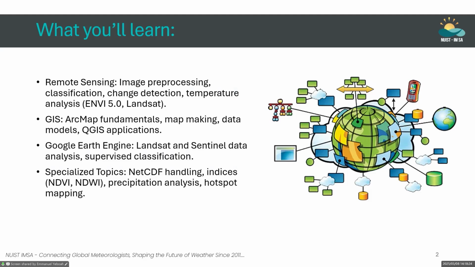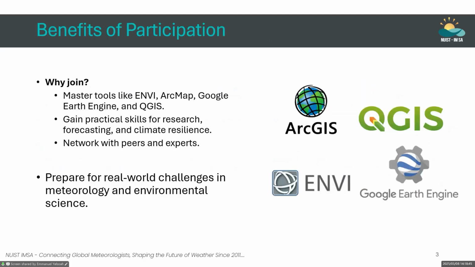For the specialized tools, we will discuss NetCDF data handling on ArcMap, and simple indices calculation like the normalized difference vegetation index, NDVI, or NDWI, the normalized difference water index, then precipitation analysis, and also hotspot mapping.